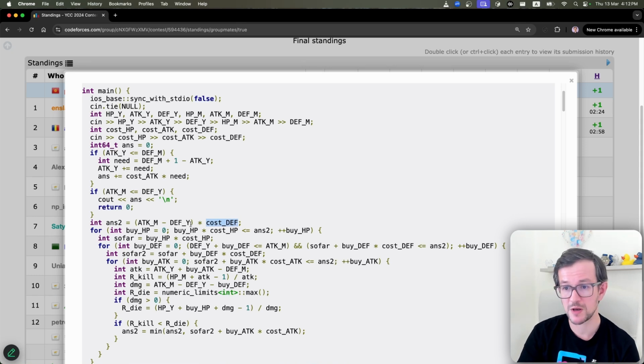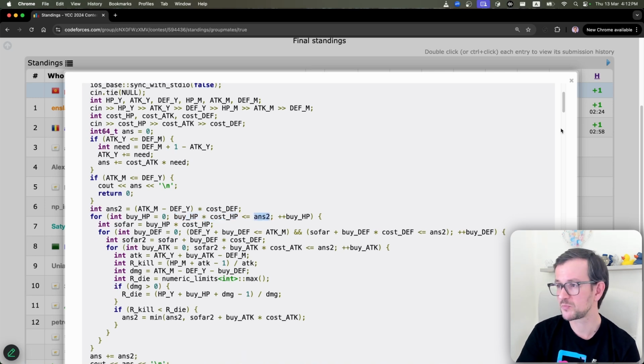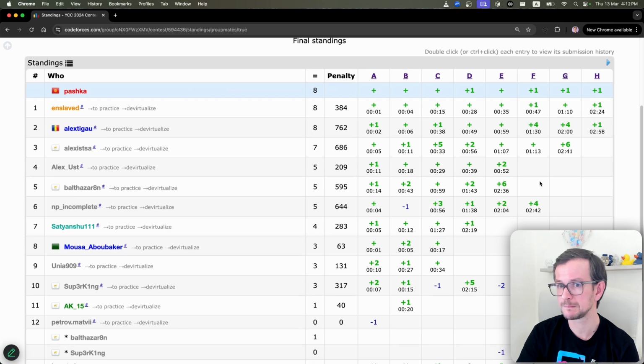So you see how much you can spend to have no damage, and instead of buying this defense point, you can spend this money buying HP points. So you see this number, and you don't have to buy more HP points if you spend more than this. Nice problem. A lot of different approaches actually.